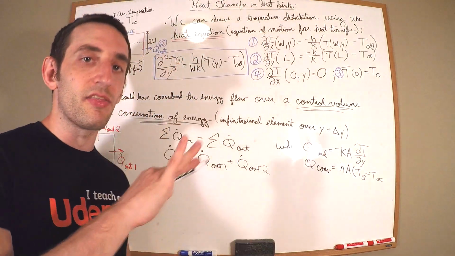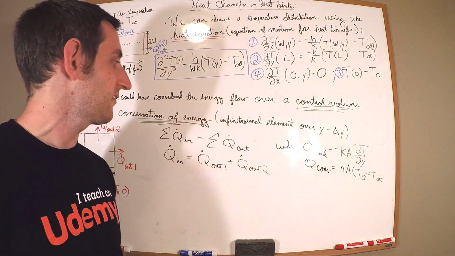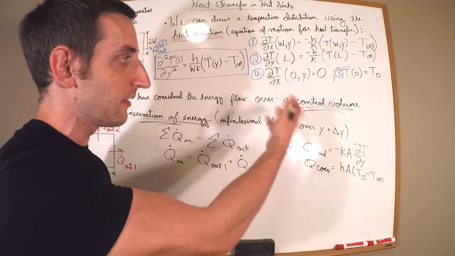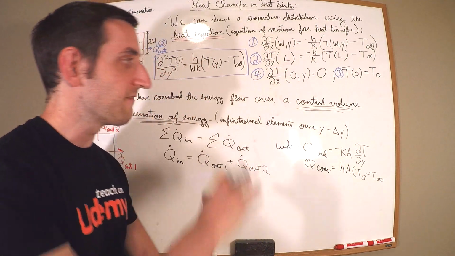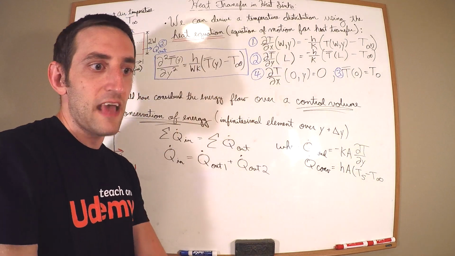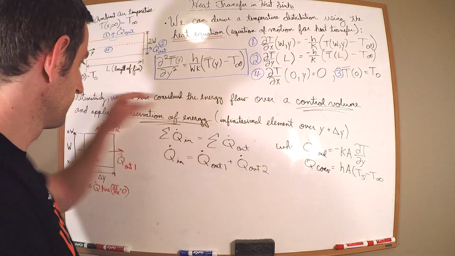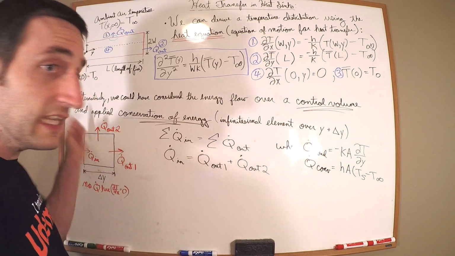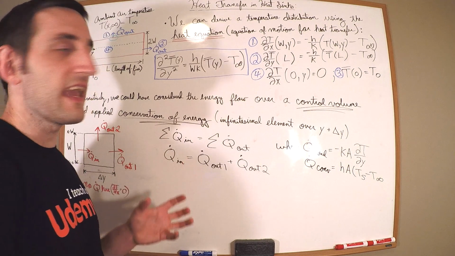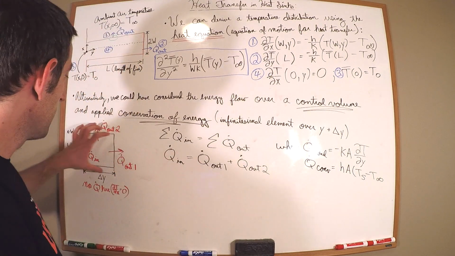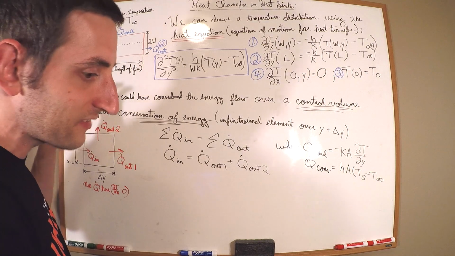If you have not done thermodynamics or fluid mechanics kind of stuff, a control volume is exactly what the words imply, right? It's a volume that is controlled, that's fixed, that's not changing, okay? So this happens when you have the same volume of space and you may have something flowing in or flowing out. In this case, we have heat transfer that's flowing in and out, but the mass right here, this chunk, this geometry is constant.